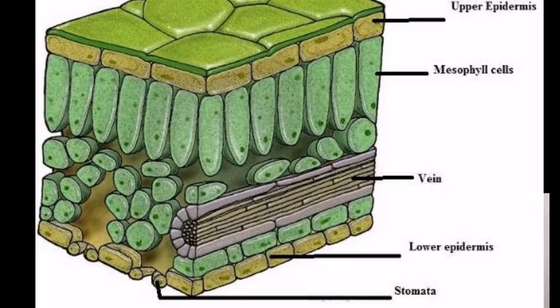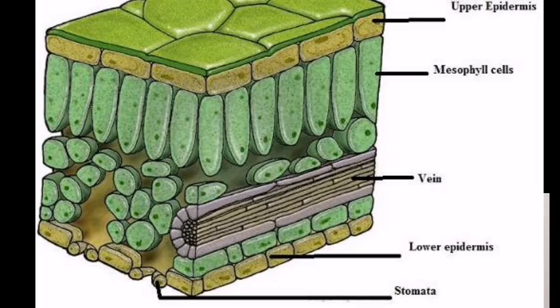Here you can see numerous rectangle shaped cells with nucleus and vacuole, and there is a lower epidermis. In the lower epidermis you can see small openings here and there. These are the stomatal openings. We can see stomatal pores more in the lower epidermis, and below this stomatal pore you can see that air spaces are there.